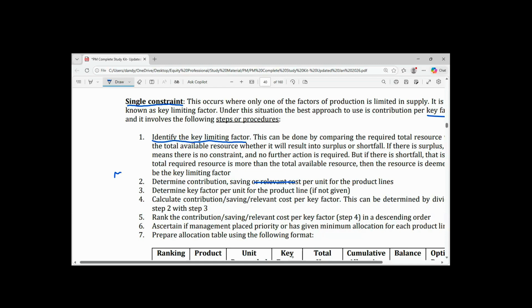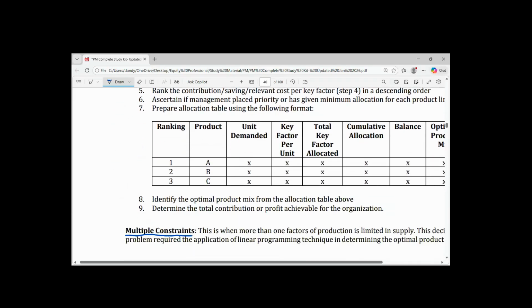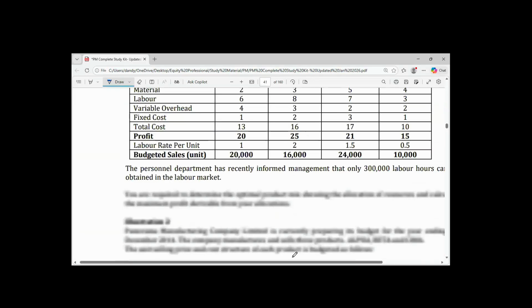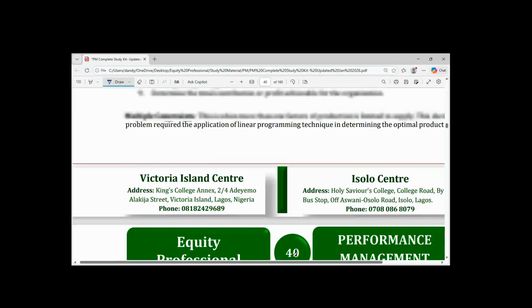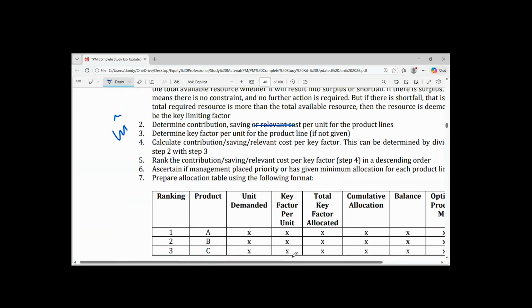Then step 4 says you should determine contribution/savings per key factor. Again, there's a format that you can use for that. But first, in step 2, I say you should calculate contribution/savings per unit.